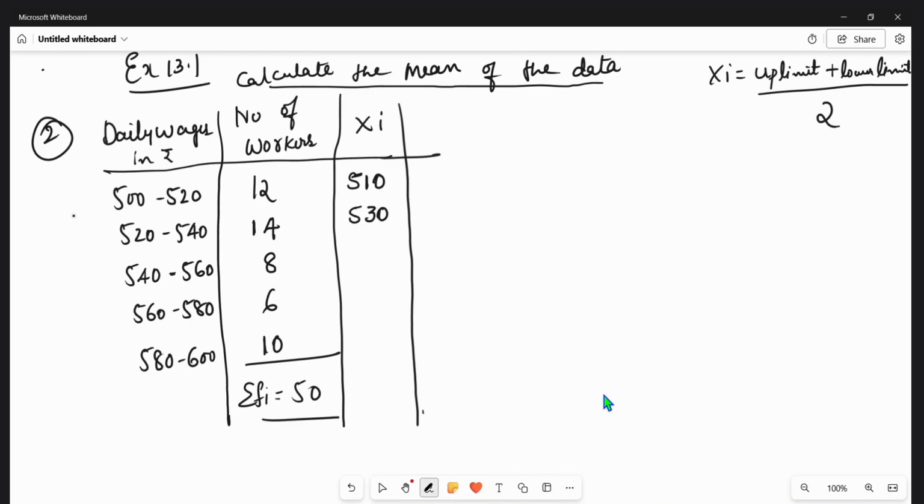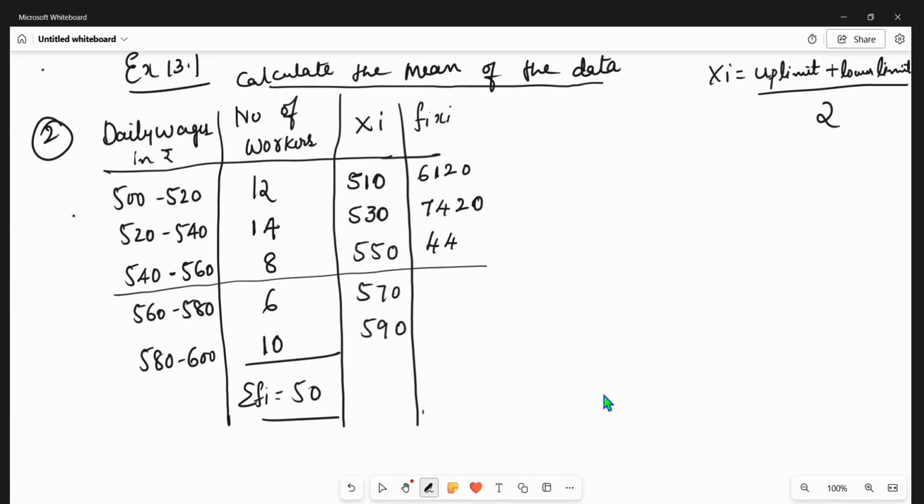Here, adding 20 to each number, right? So this will be 550, then you will get 570, 590. So what will be the first number? 6120. Next one? 7420. Then 4400, 3420, then 5900.